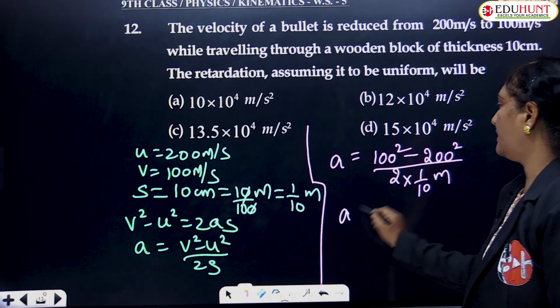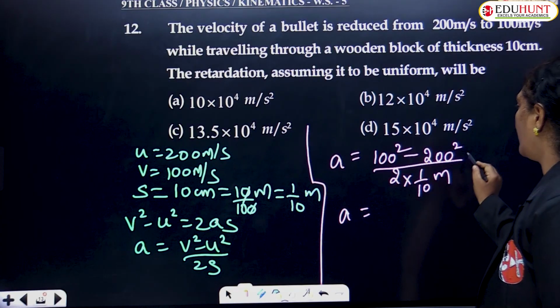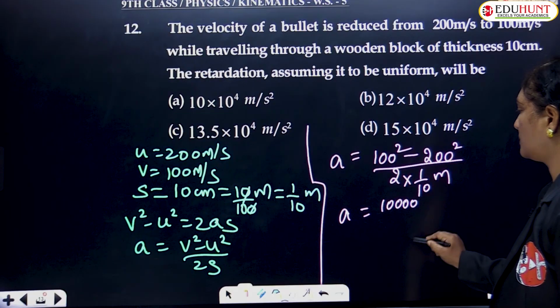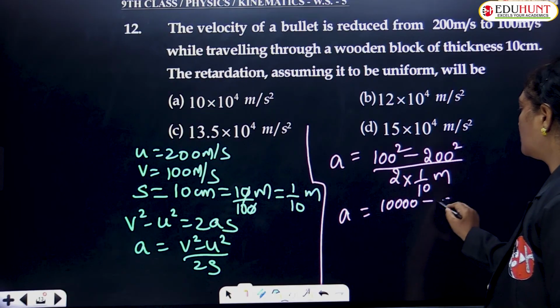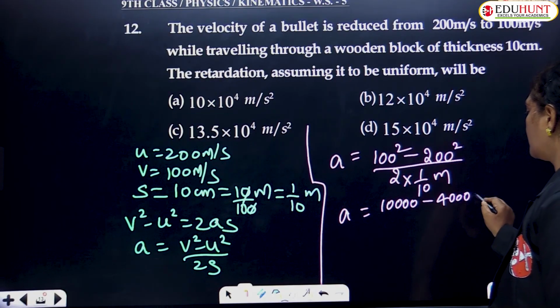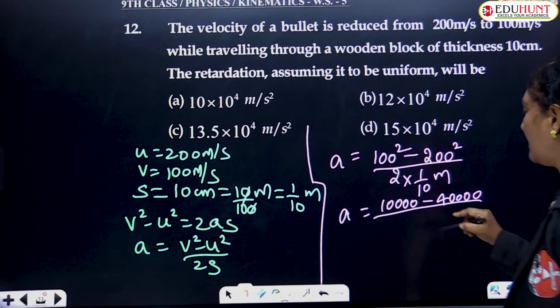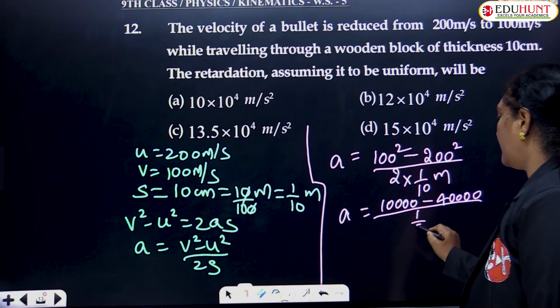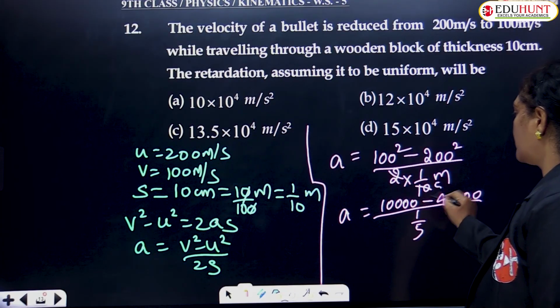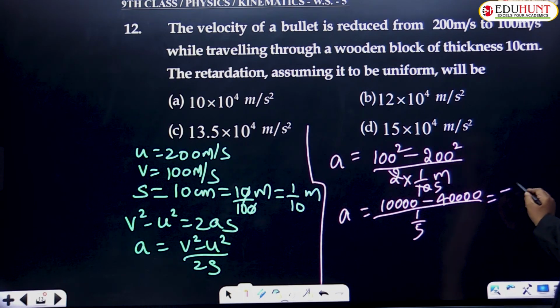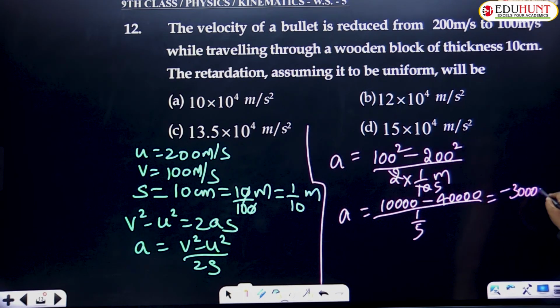Simplify this, children, you will get the value of A. 100 square, how much is that? 10,000. 100 square is 10,000. 200 square is 40,000 upon 2 into 1 by 10, which is 1 by 5. So 10,000 minus 40,000 is minus 30,000.